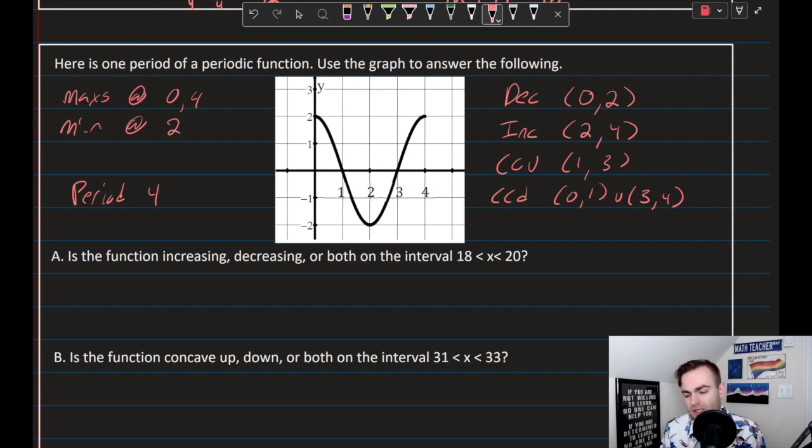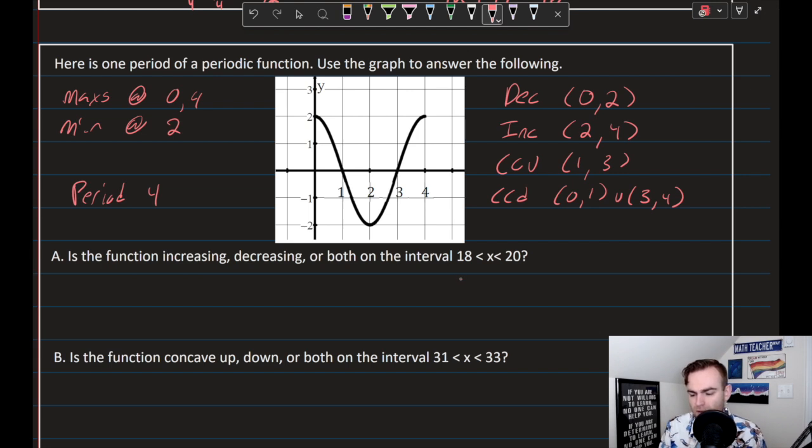So if I'm looking at the function from 18 to 20, what does that mean in terms of us repeating every 4? Well, multiplication is repeated addition. Division is repeated subtraction, right? So if I continue to subtract 4 from this, what do I get? Well, I can divide 18 by 4, and that's 4.5.